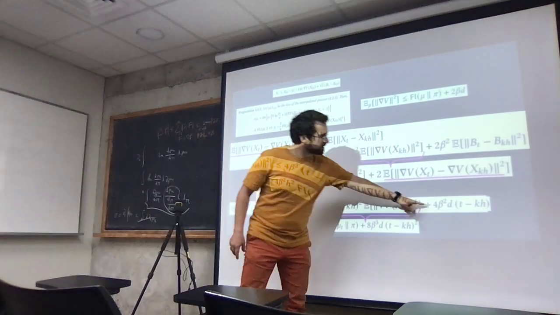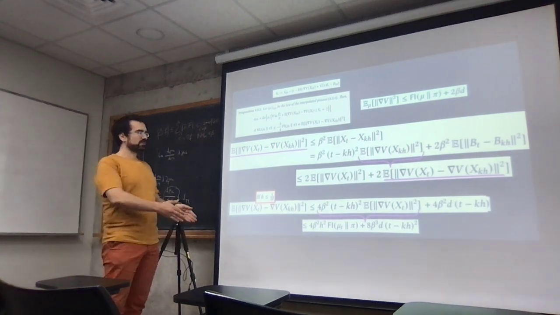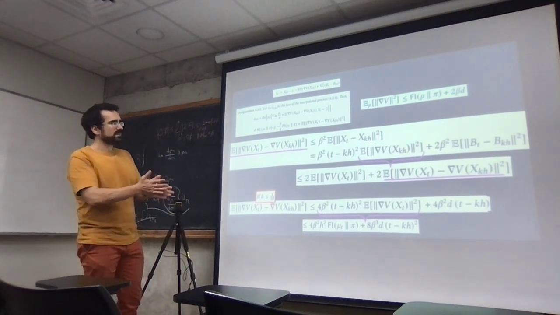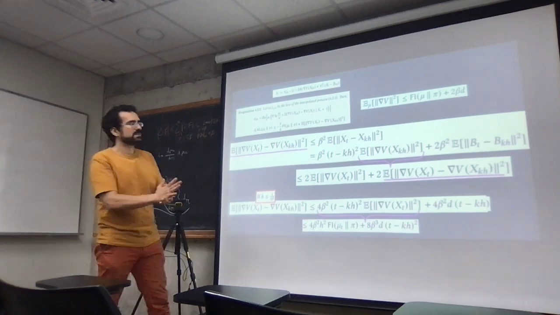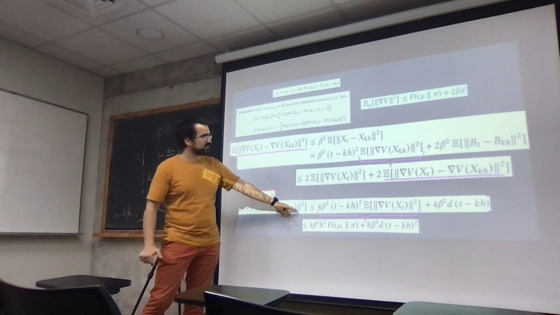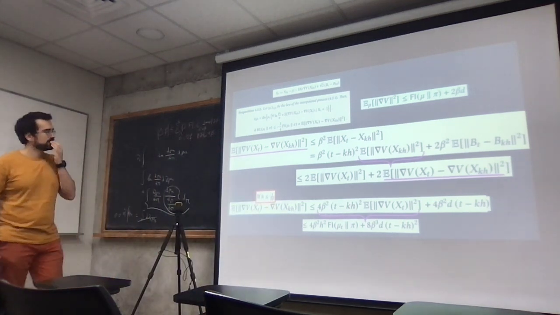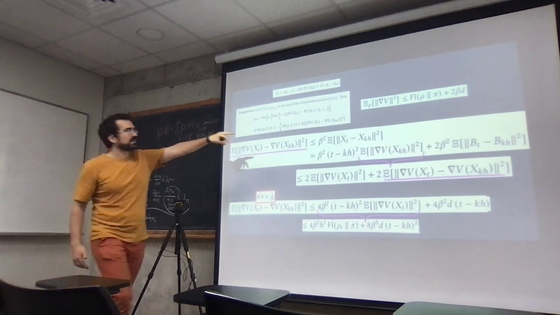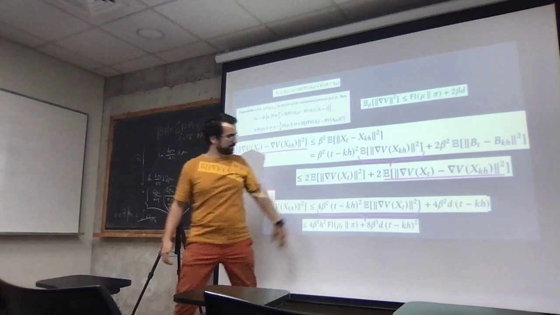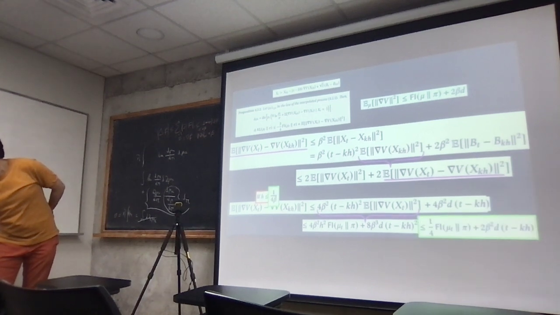Here I use the fact that it's a Brownian motion, so I know that the jumps have a given variance. So I replace there the explicit number for the variance of a Brownian motion. And here I am using the part in blue, finally, this bound here.